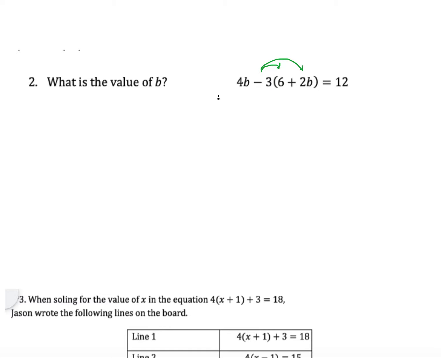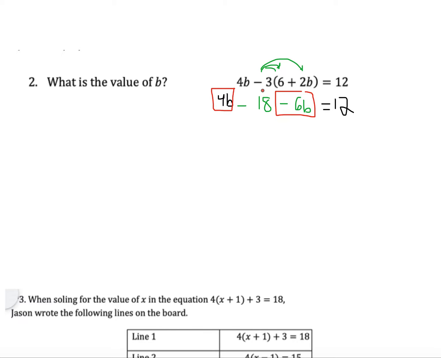So now I have 4b minus 3 times 6, which is -18, and -3 times 2b, -6b, and that equals 12.